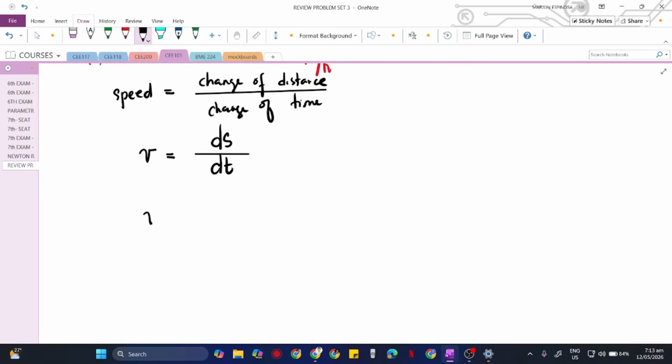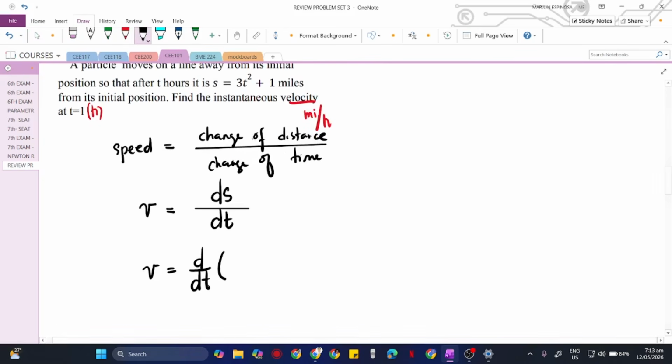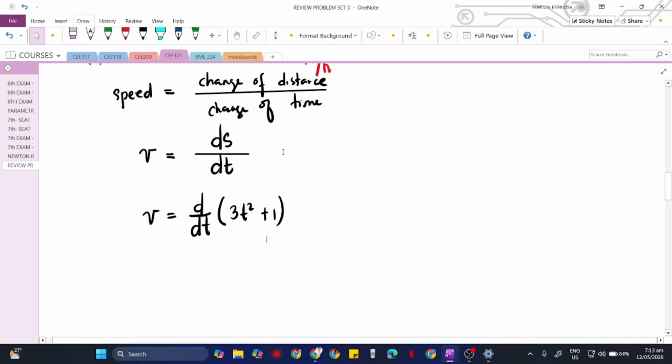Since we have the position as a function of time, then therefore we can simply directly take the derivative of that one. So, that is 3t squared plus 1. Okay, derive lang natin yan with respect to time or t.